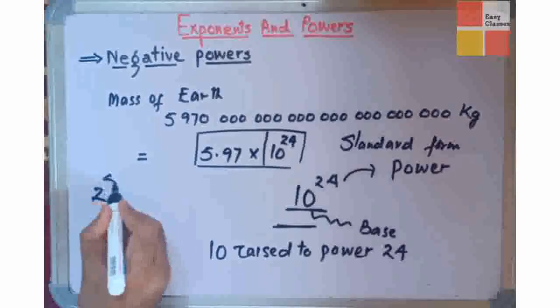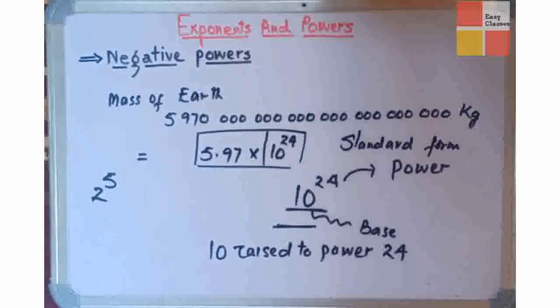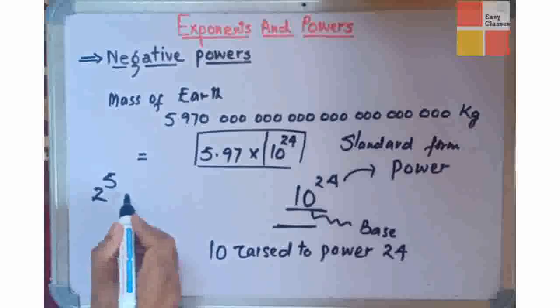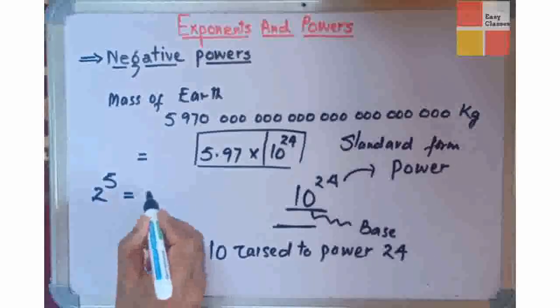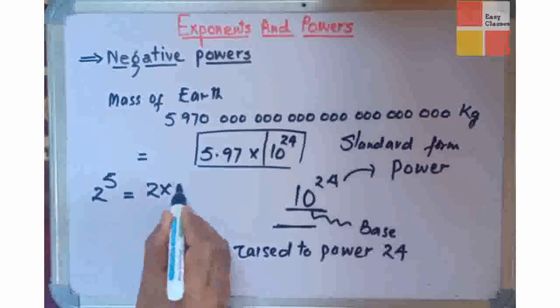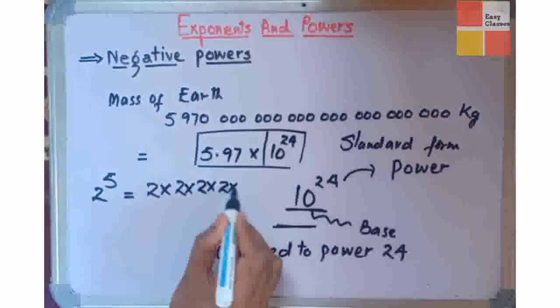Say for example, we can read this as 2 raised to power 5. Do you know that 2 raised to power 5 means 2 five times: 2 into 2 into 2 into 2 into 2.